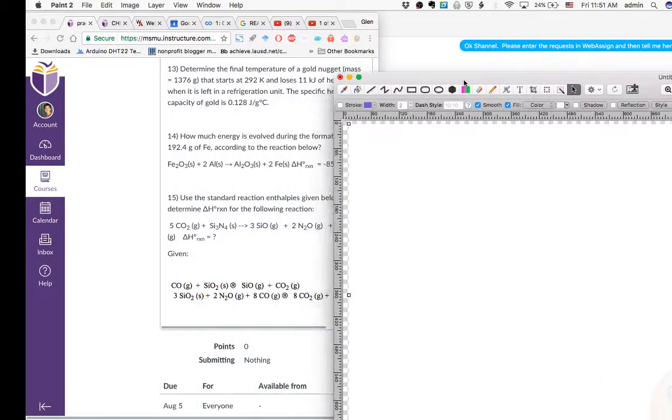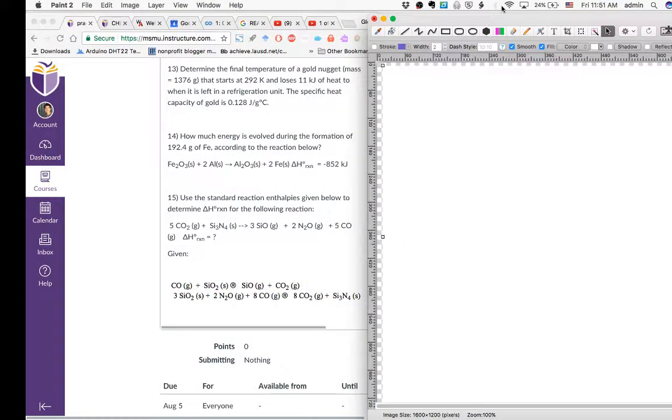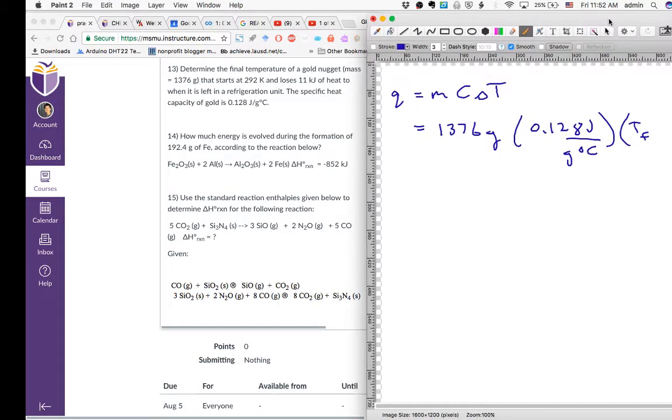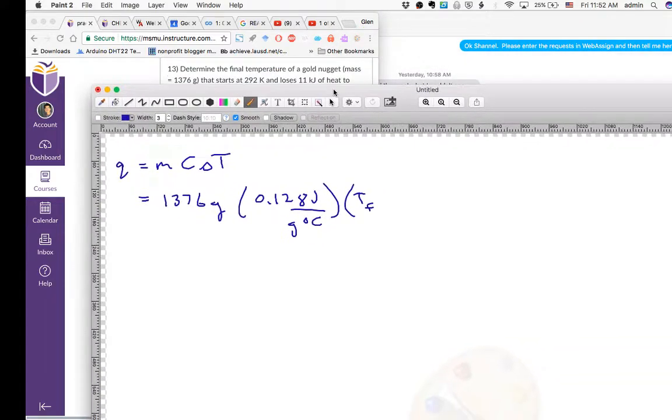This is easier than number 9 because water is not involved. Algebra is still necessary, but just a very little bit of algebra. The mass of the gold nugget is that. The heat capacity of the gold nugget is that. And the delta T is the final temperature minus the original temperature, which was 292 Kelvin.